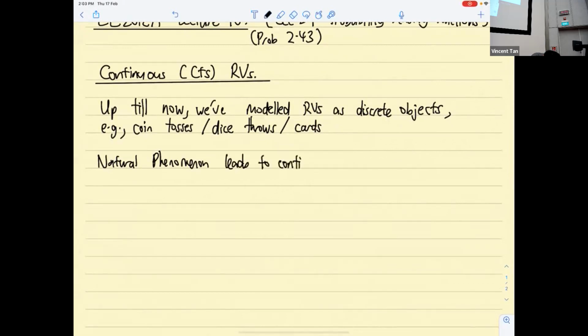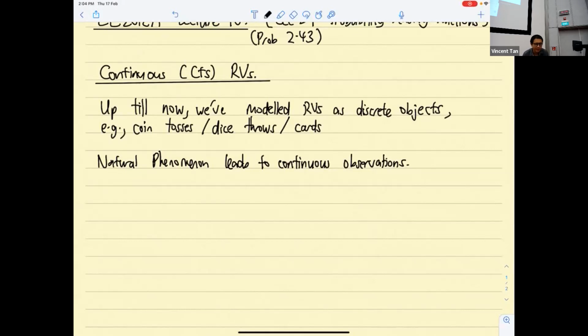For example, I can actually discretize all your heights, from 1.50 to 1.51 to 1.52 and all the way to 2 meters. All right, so there are about 50 steps here, but that would be very unnatural, okay? Because it would be better for me to model that as a continuous random variable or continuous observation, okay?